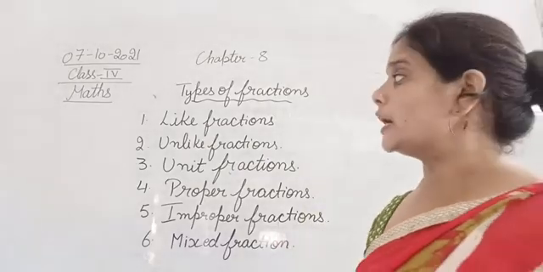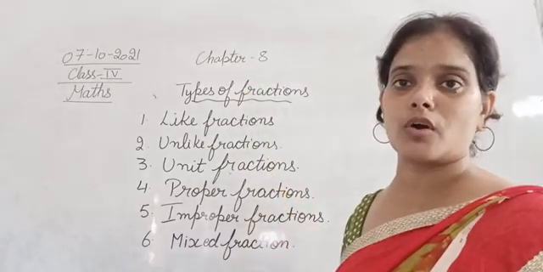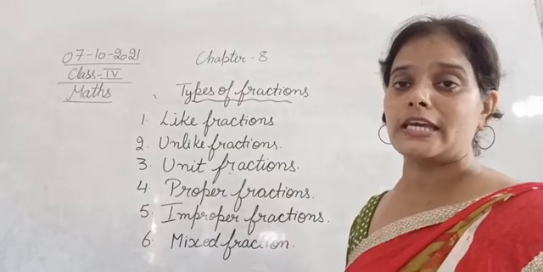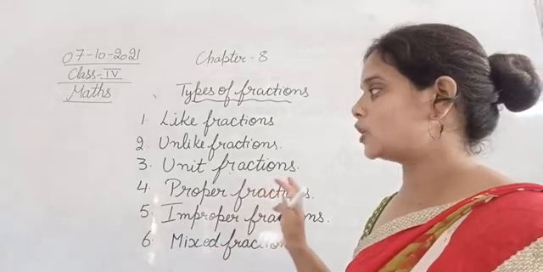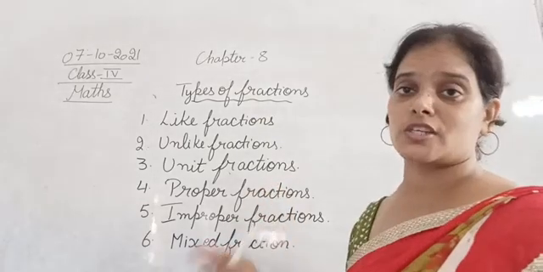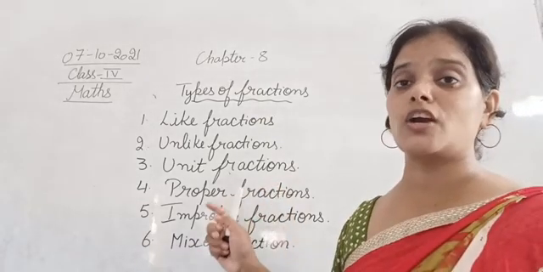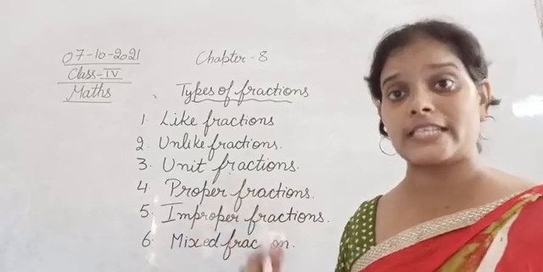First of all, you need to learn the names of all these fractions: which fractions these are. Like, unlike, unit, proper, improper, mixed fractions. I'll elaborate the meaning of each and every fraction in the next session.